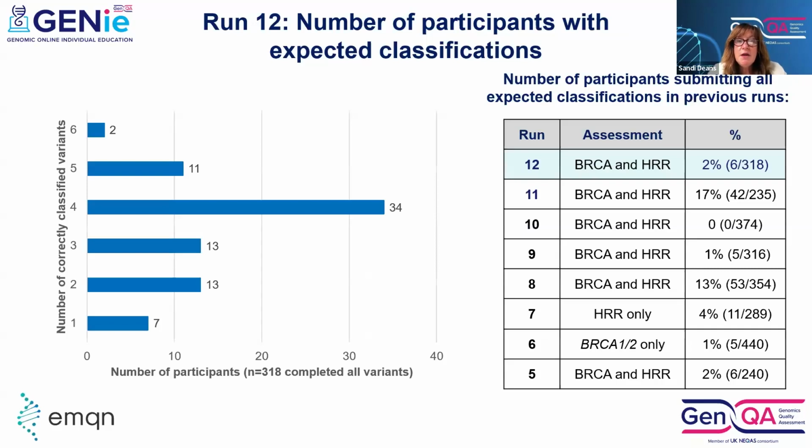The majority successfully classified 4, but here you can see there's a real spread of the number of individuals classifying each variant correctly. We do need to probably look at why this is the case, and I think as we go through the criteria that's been applied by our participants on this webinar, you'll start to see where the most challenging variants are sitting and which criteria are the most difficult to apply.